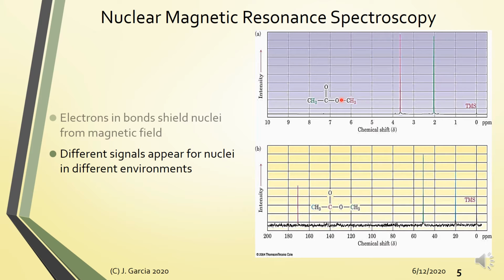Bakit? Because the neighboring atoms are pulling away these electrons that are supposed to shield the nuclei of interest. So this makes your nuclei more susceptible to the effects of the magnetic field and hence the radio waves.